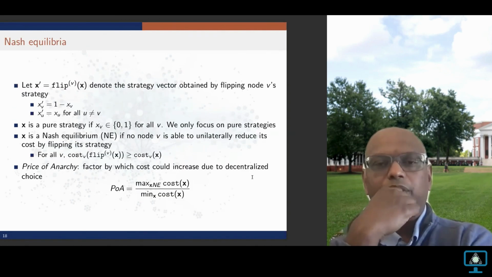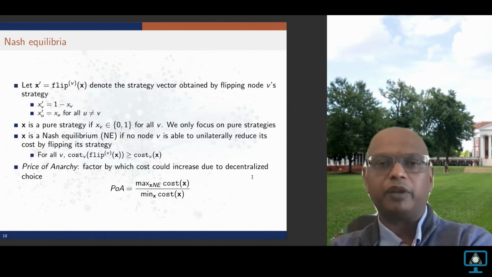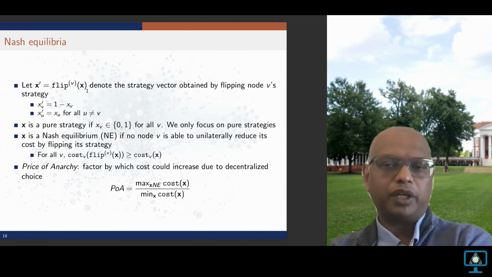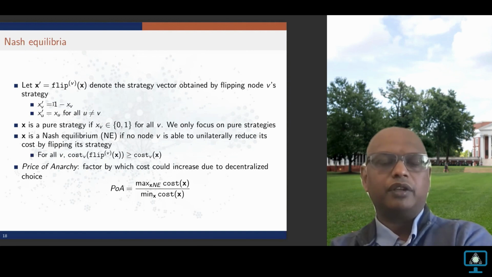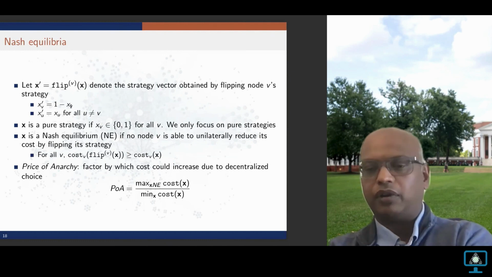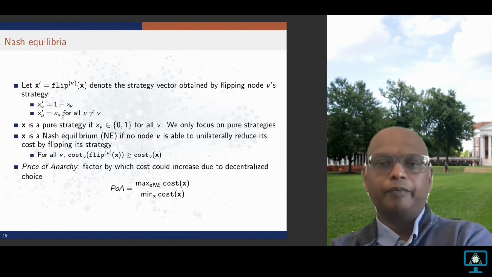For a Nash equilibrium, we need to first define the strategy obtained by flipping a node's strategy. So flip_v(x) is the strategy obtained by flipping its decision. Basically, x_v becomes 1 minus x_v, and for all nodes u not equal to v, the strategy remains the same. As I mentioned before, we are focusing on pure strategies in which x_v is 0 or 1.